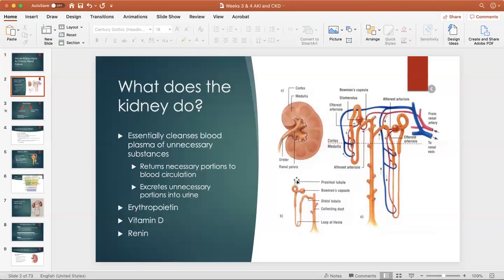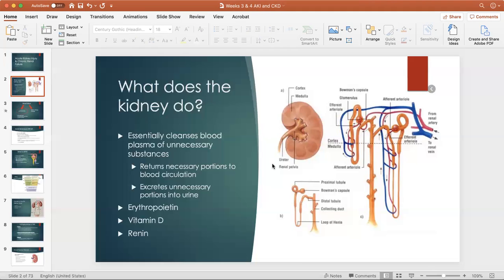It's just like in your neural system, right? You have neurons. These are just nephrons, okay? And the purpose of the nephrons is to do exactly what I just talked about, which is to filter the blood. So the nephrons look like this, kind of. This is a kidney, so don't worry about that.